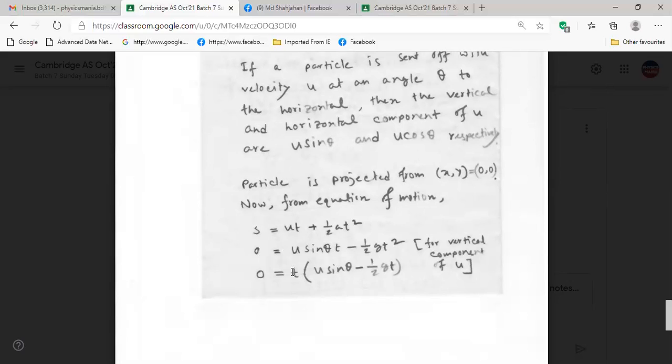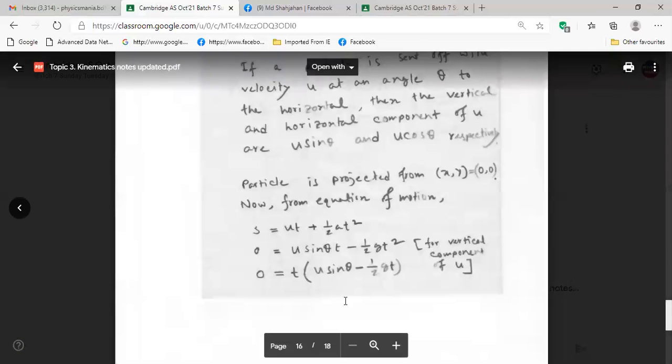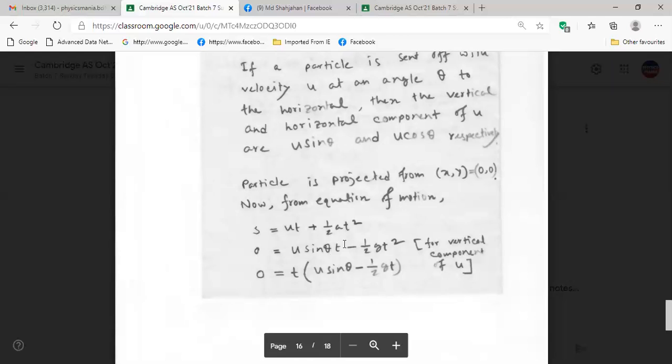Now, t, if you see that in both parts of the equation we have t, right? We can take t as common. So t multiplied by (u sin theta minus half gt) we can write.